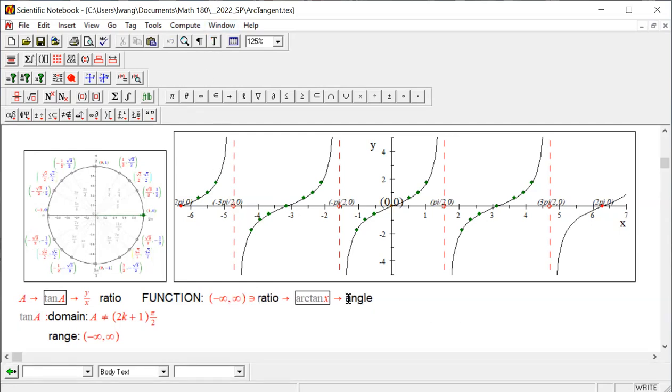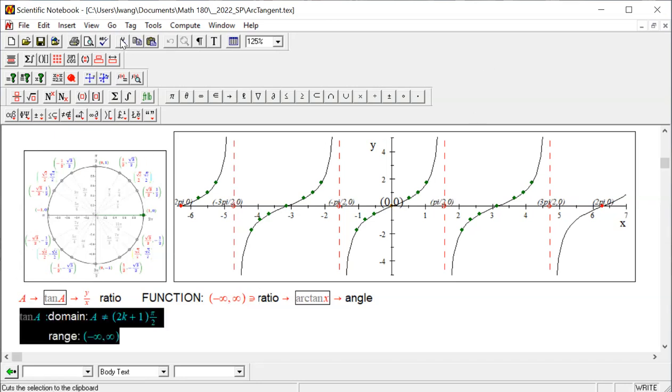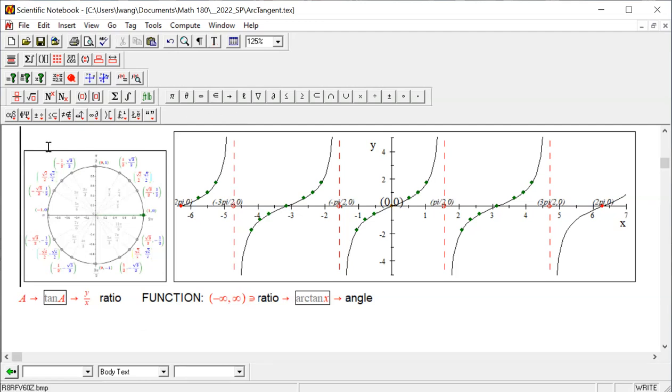But the output, because we chopped off all of these, after we chop off, we have a, let me put it here. This is the tangent we used to know.